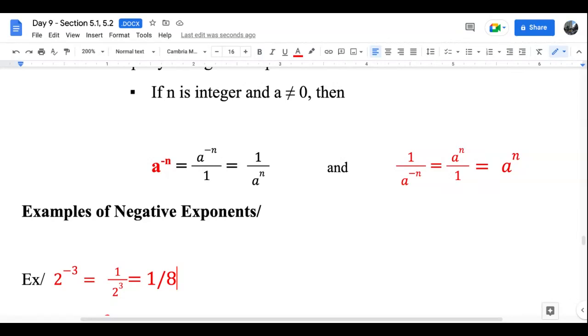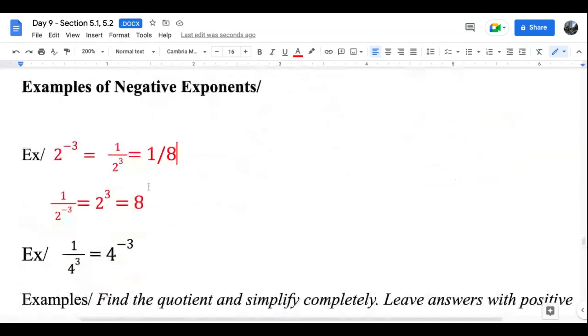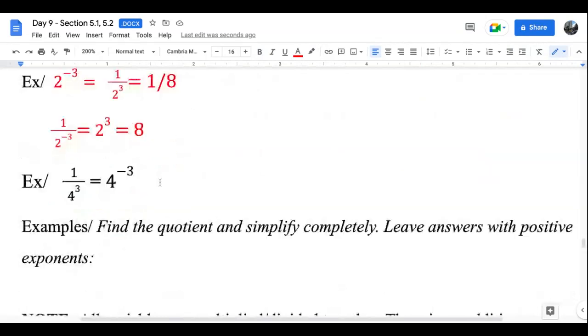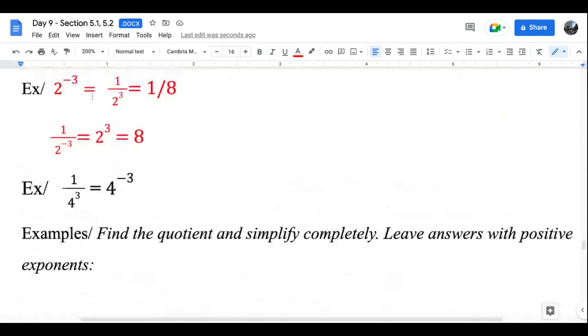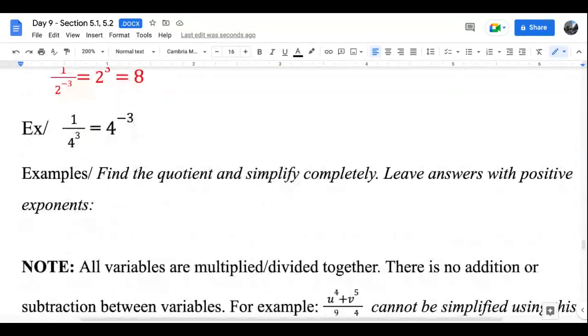If the negative exponent is in the numerator, we flip it down to the denominator to have a positive exponent. 2 to the negative 3 is 1 over 2 cubed, which is 1 over 8. 1 over 2 to the negative 3 will be 2 raised to 3, which equals 8. 1 over 4 cubed is 4 raised to negative 3. So that's what a negative exponent does to the expression.